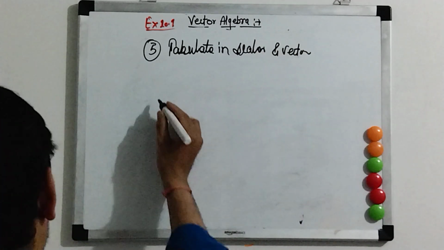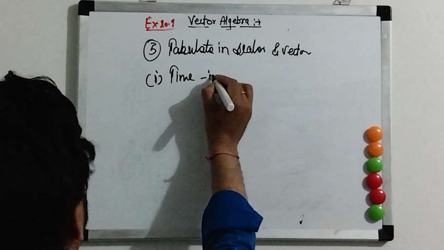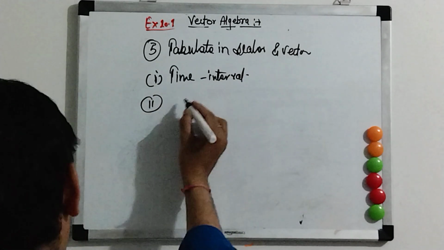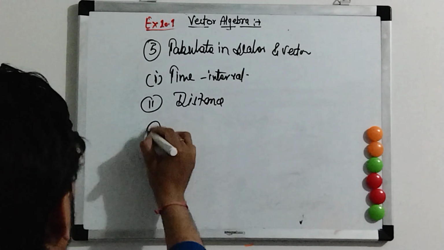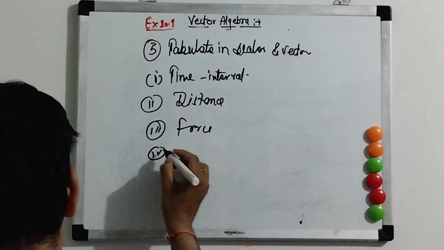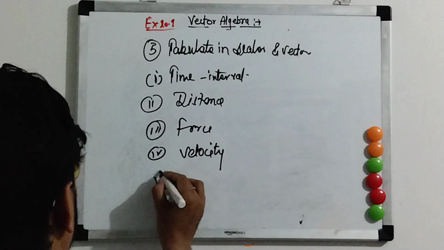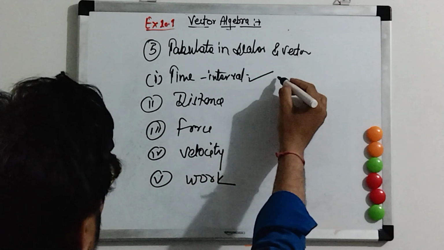Okay, now time interval. Second is distance. Third is the force. Fourth is the velocity. Fifth is the work. So time interval is scalar. Distance is also a scalar.